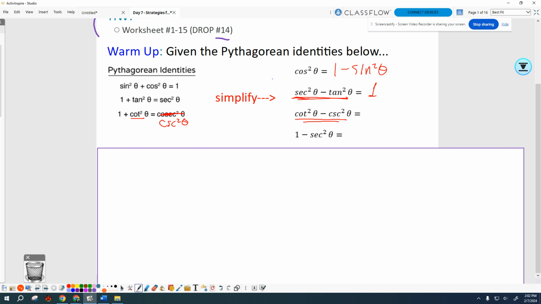Yeah, you subtract cosecant. But I still have a 1, so subtract 1 from both sides? Yeah. So 1 minus 1 goes away. So Ferris, what does cotangent squared minus cosecant squared equal? Negative 1. All right.